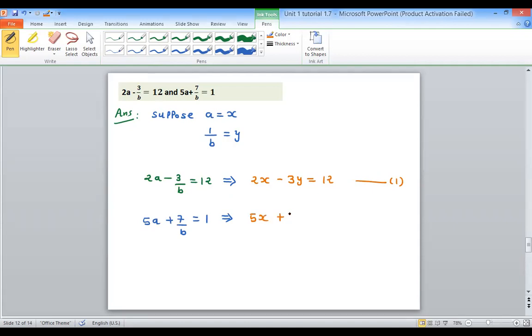So 1 upon b, it's y. So it's a 7y is equal to 1. Say equation number 2. Now look, equation 1 and 2 are easy to see and it's easy to solve. So which thing we can apply? You can apply you can eliminate any variable.